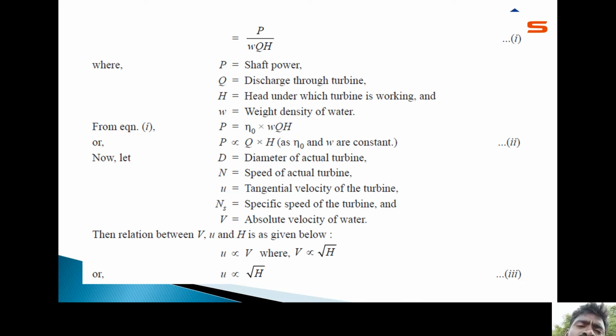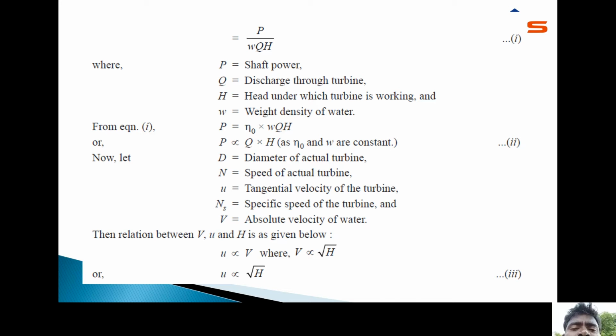In this equation, P equals shaft power, Q equals discharge through turbine, H equals head under which the turbine is working, W equals weight density of water. P equals efficiency into WQH. Therefore, we can write equation number 1, P equals efficiency into WQH.